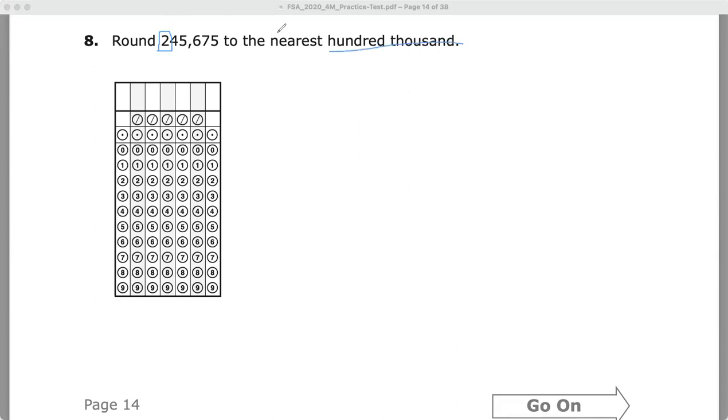So we're rounding to the nearest 100,000. Let's look at the number next to the 2, which is a 4. When you're rounding, if it's greater than or equal to 5, then you round up.